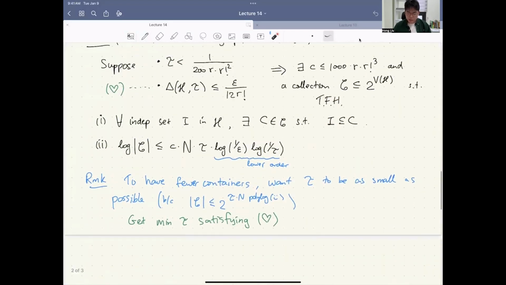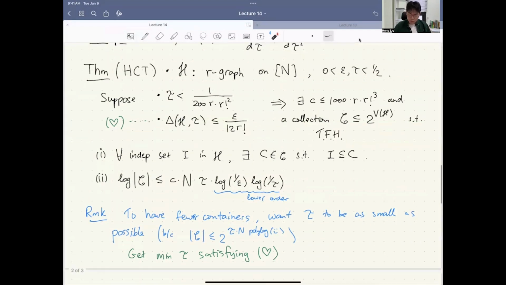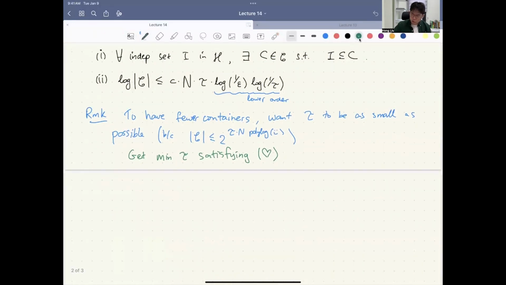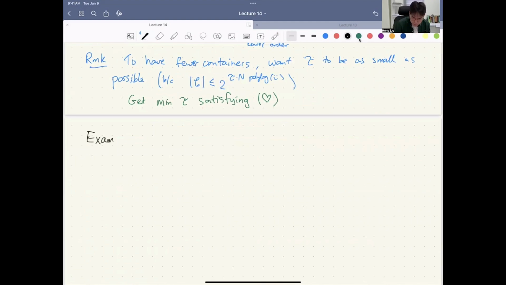Basically, we're going to phrase a triangle-free graph as an independent set in a hypergraph. I mentioned this before. What we're going to do is construct this 3-uniform hypergraph, for containers for triangle-free graphs on n vertices.